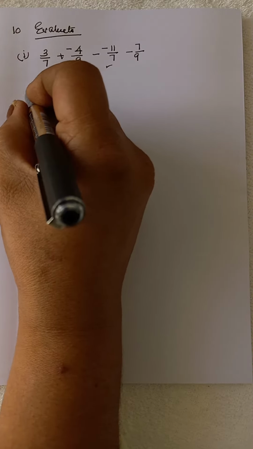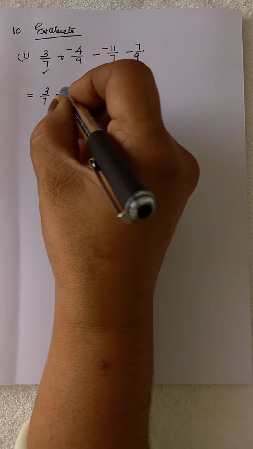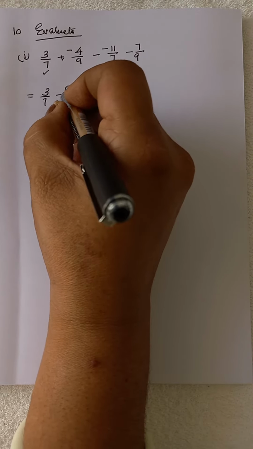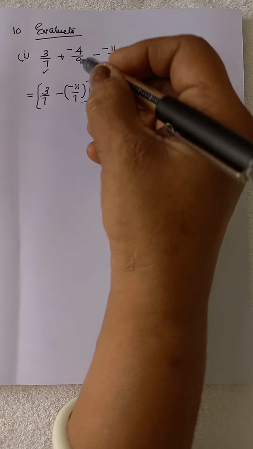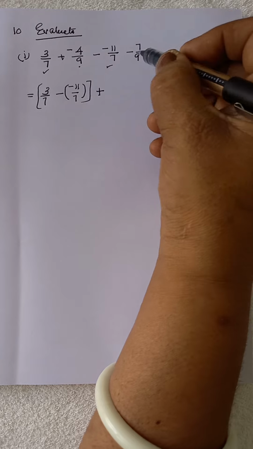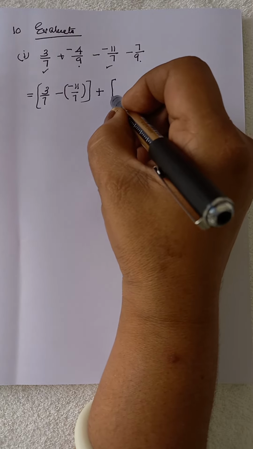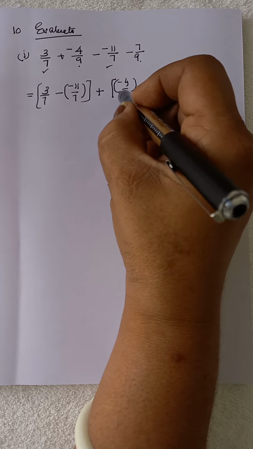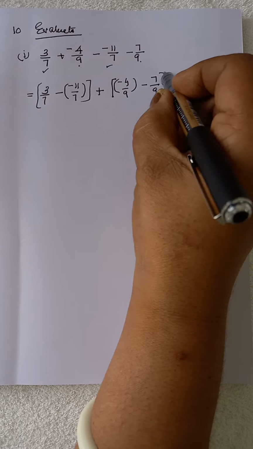So that is equal to 3 by 7 minus 11 by 7. Like this together. Then that plus. Now denominator 9 is this one and this one. So we can take that as minus 4 by 9 minus 7 by 9.